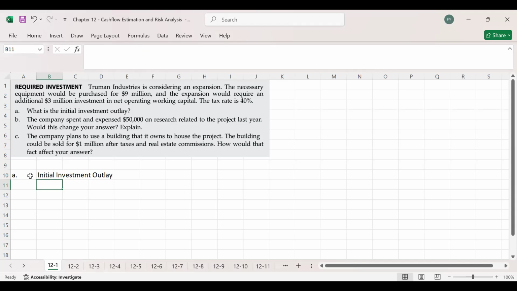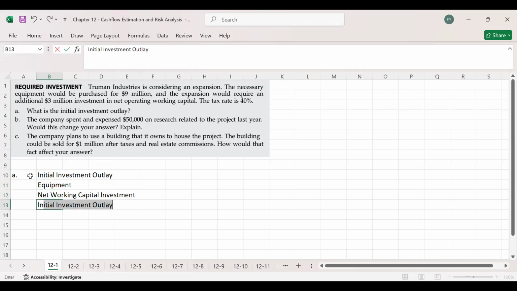We have two types of cost that are required: equipment, and net working capital investment.